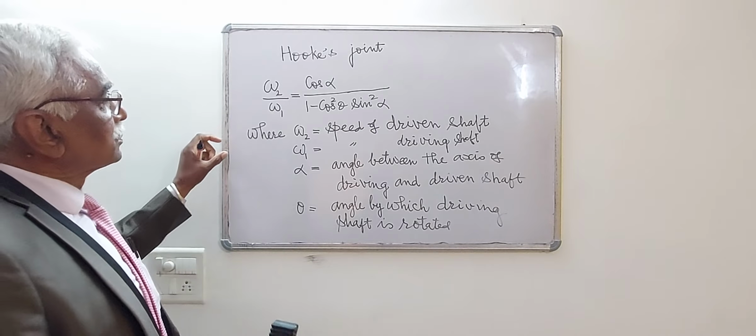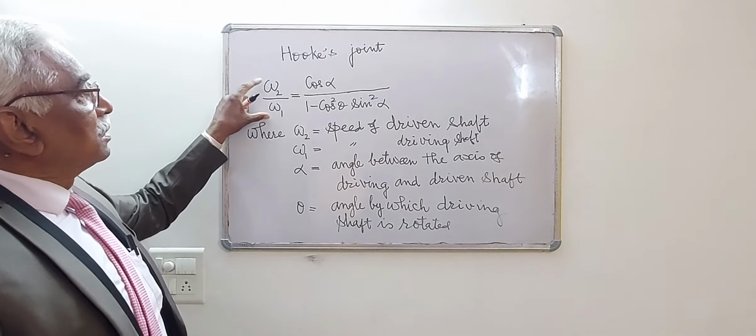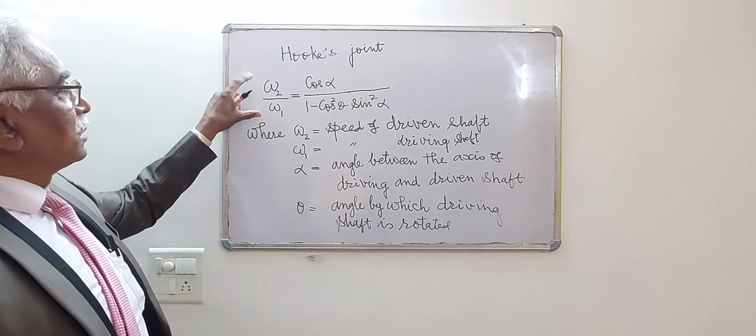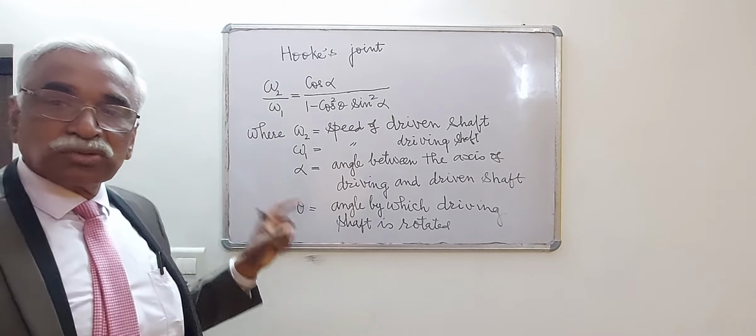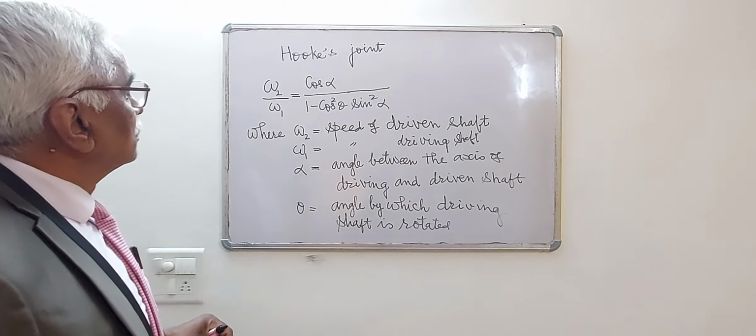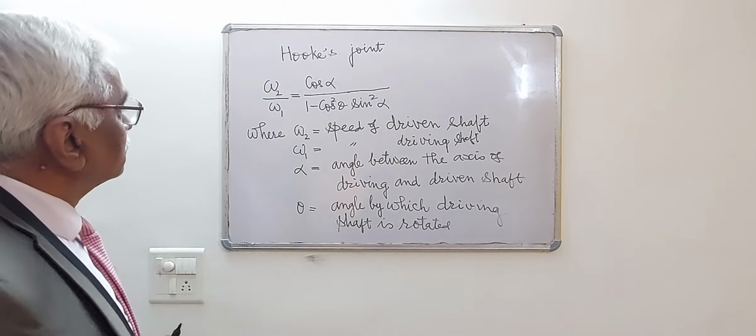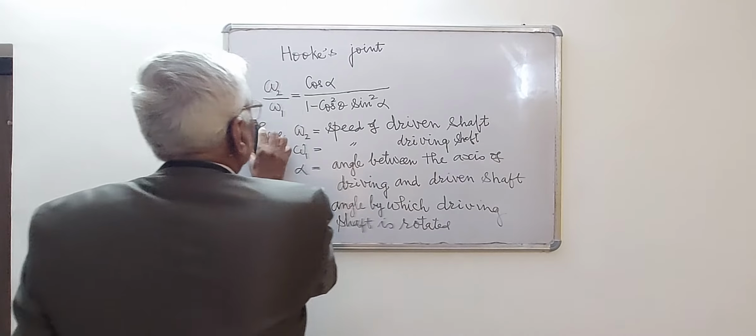What are the points where this ratio is 1, what are the points where this ratio of omega 2 by omega 1 is minimum, and what are those points where it is maximum? We will discuss those points.